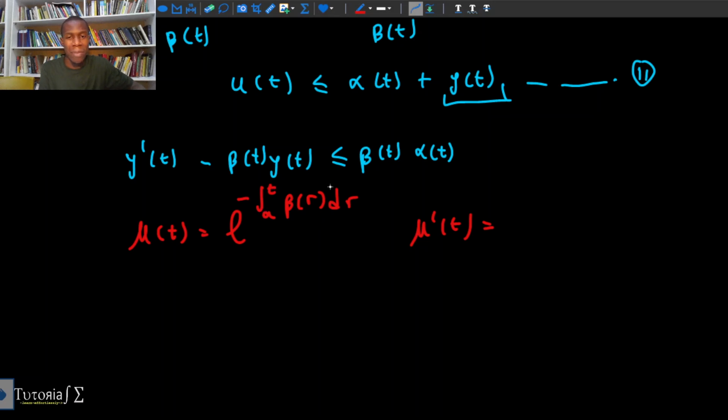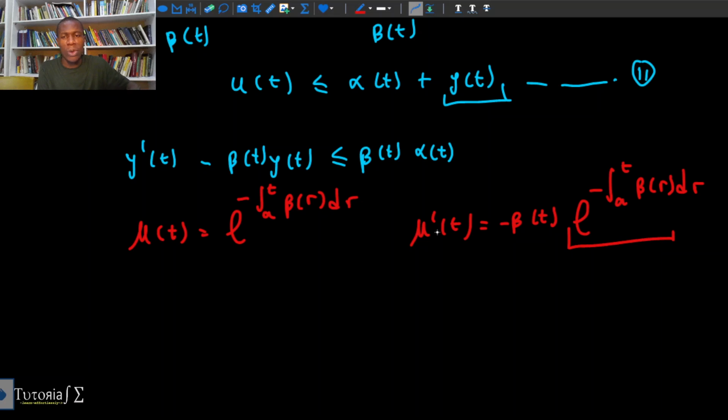If we differentiate the power, which is an integral, this would just be the function with respect to time, so it will be negative beta of t, and we write back the exponent. When you look closely, this is just mu of t. So we can simply say mu prime of t is equal to negative beta of t mu of t.